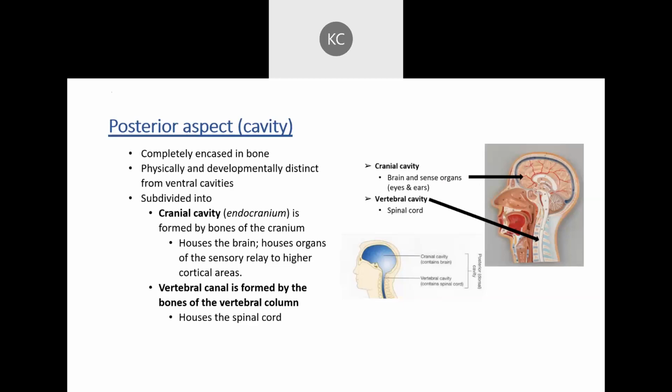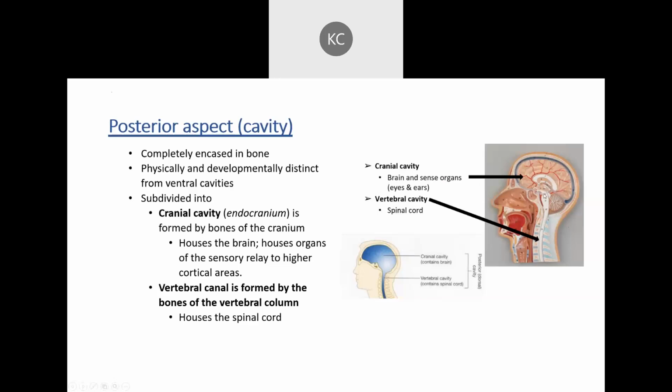These don't have these serous membranes in the same way that we just talked about with the heart, lungs, and digestive viscera. They do have layers that surround them. They're called meninges, and we'll talk about the meninges in more detail later in the semester. But generally, these are encased in bone, so the vertebrae and the cranium. In the cranial cavity, we have the brain and sense organs, and in our spinal or vertebral cavity or vertebral canal, we have our spinal cord.